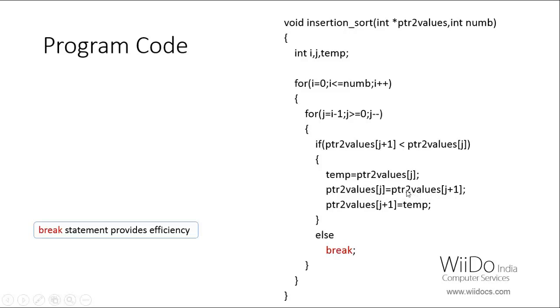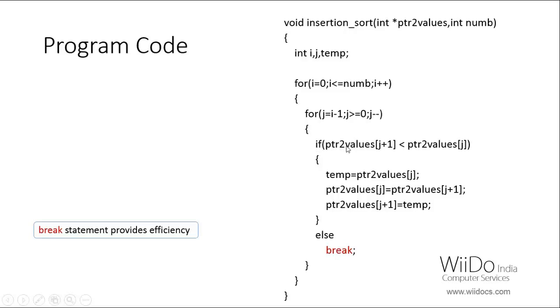The data contents of pointer to values of j plus 1 will be put into pointer to values of j. That is, the contents of this variable will be replaced by the pointer to values of j plus 1. Hence the contents of this variable is lost, and we have taken a backup in the temporary variable. Then we will take the backup which was in the temporary variable and put it back into pointer to values of j plus 1. Hence the contents will be swapped.